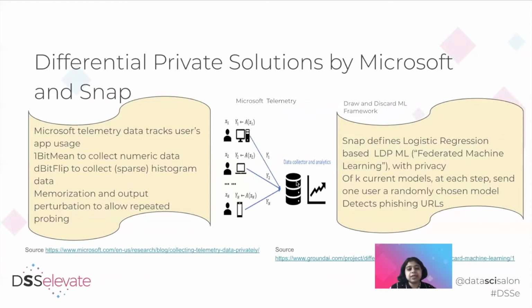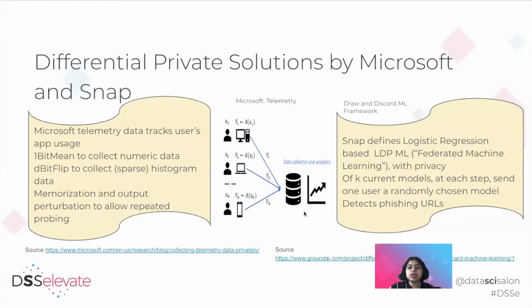And these are the analytics that are getting created, and these perturbation techniques and memoization techniques have to be there while building these scalable solutions, because it actually has data from millions of users.